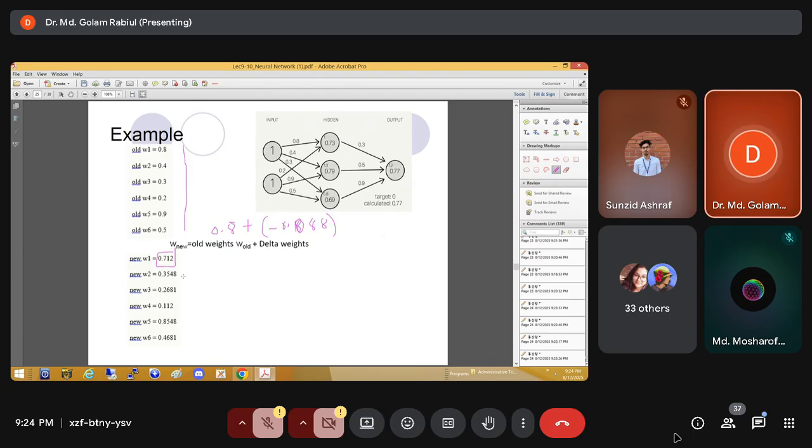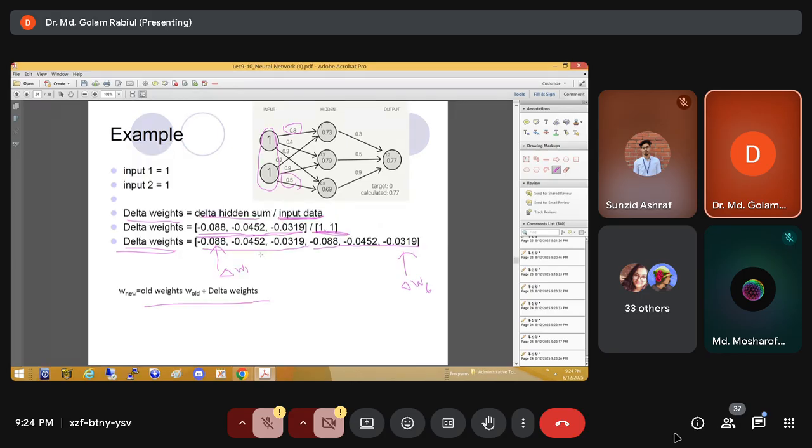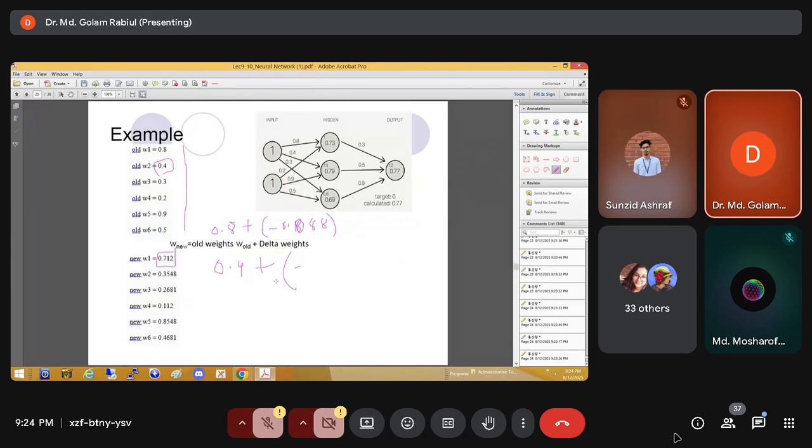Similarly for W2, the previous weight here is 0.4 plus negative 0.0452, and then we will get the new value.